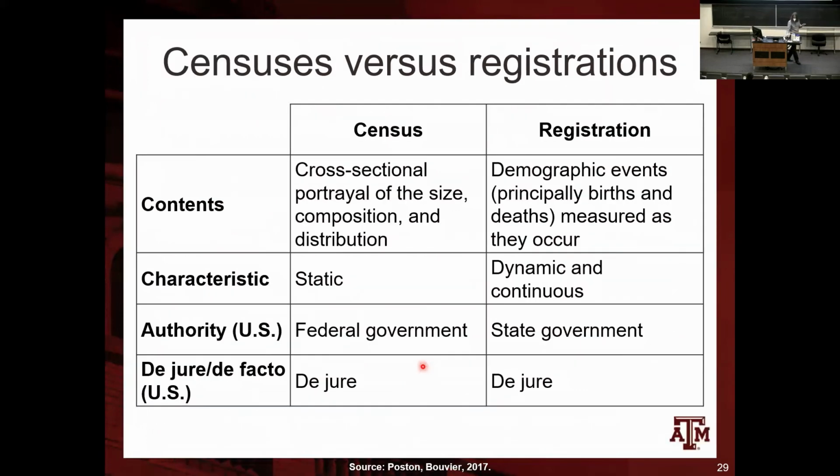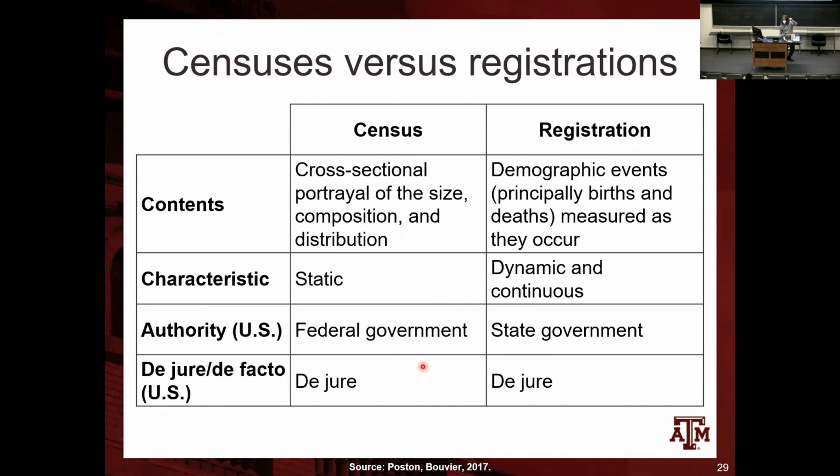So this is just a summary of the differences between censuses and registration systems. Census: we go in a specific year, at a specific time point, and we collect information about the population of a specific country. It's cross-sectional. Remember the axis diagram, right? Time, horizontal axis, age, vertical axis. If I follow the same people over time, I have the diagonal here, longitudinal.